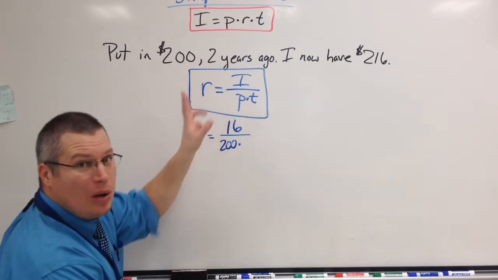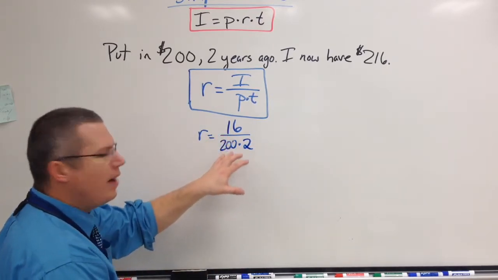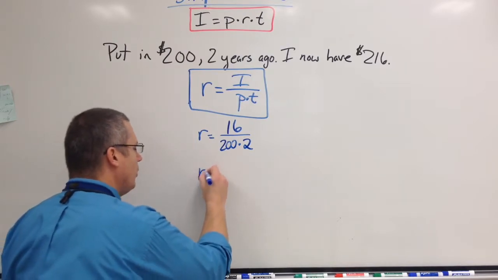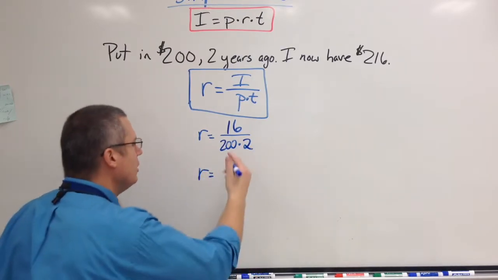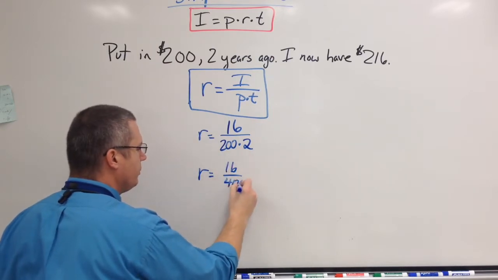Time, how long was it in? 2 years. So I have 16 divided by 200 times 2. Rate, I'm going to do order of operations. 16 divided by 200 times 2, 400.